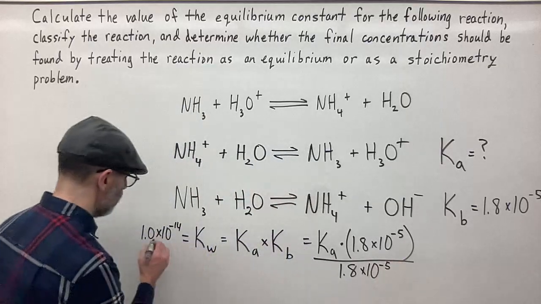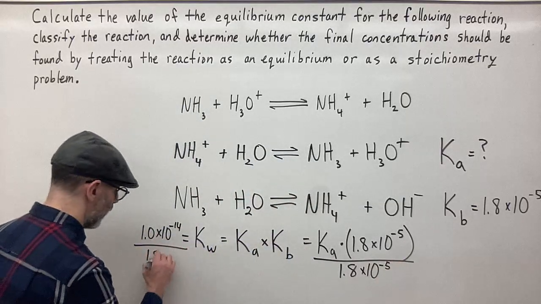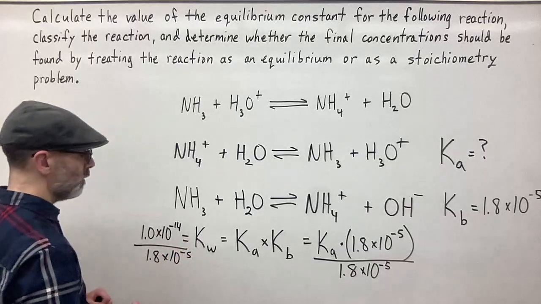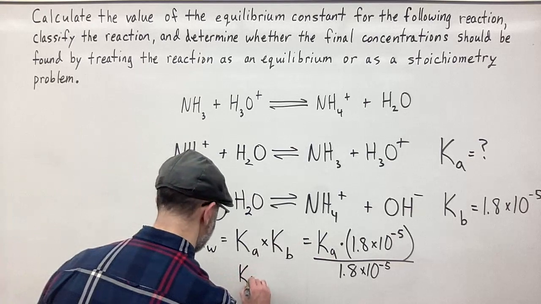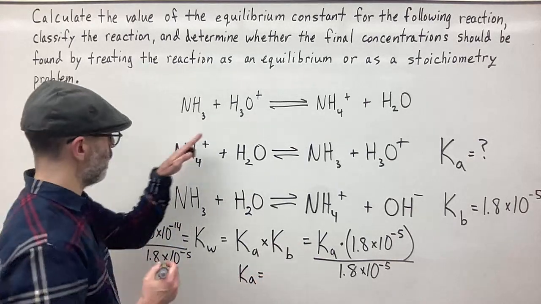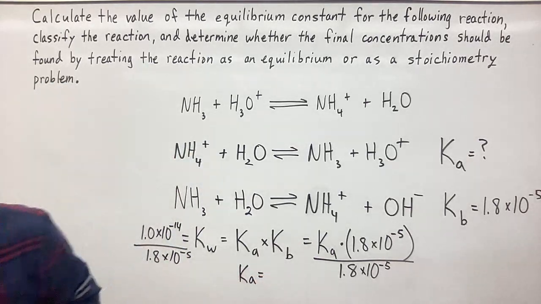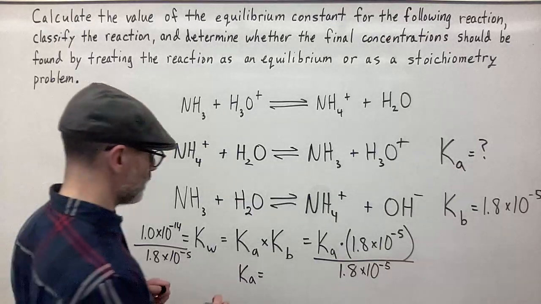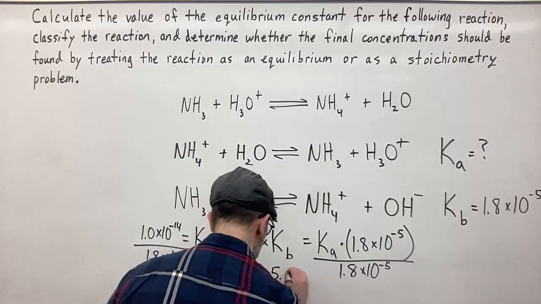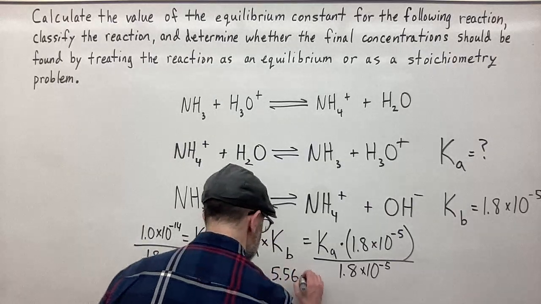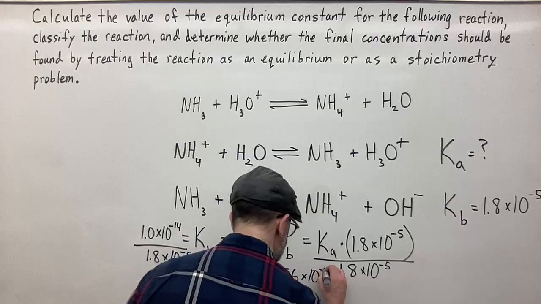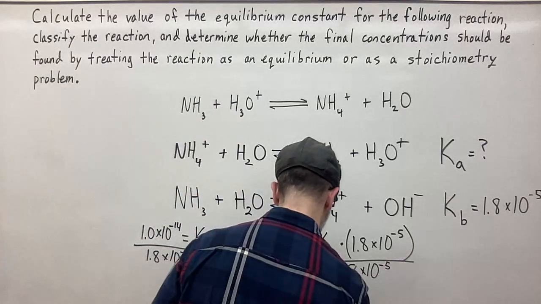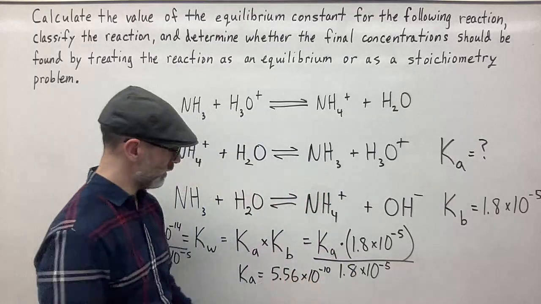And so then we get Ka for the ammonium is going to be 5.56 times 10 to the negative 10, I believe. Yes, 10. Okay, so now we have the Ka value.